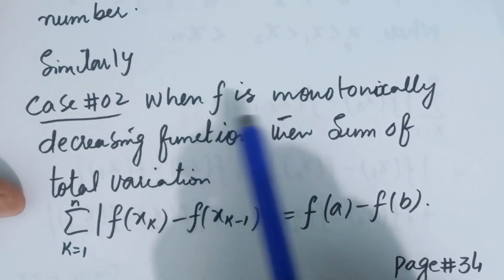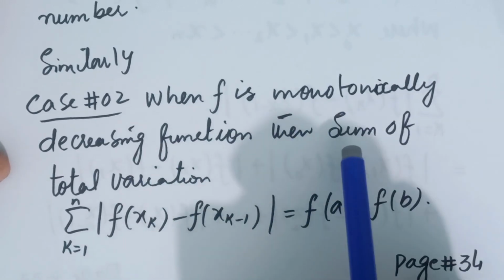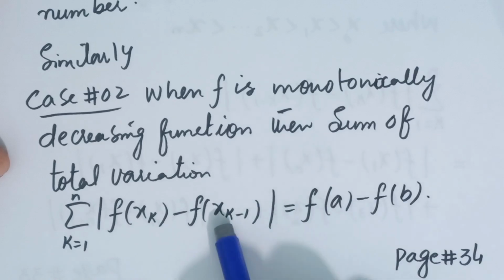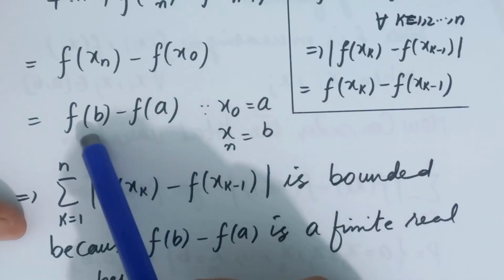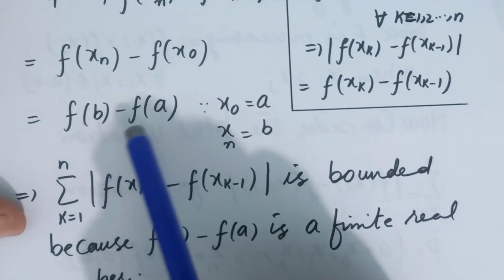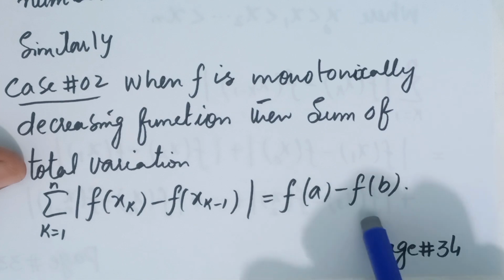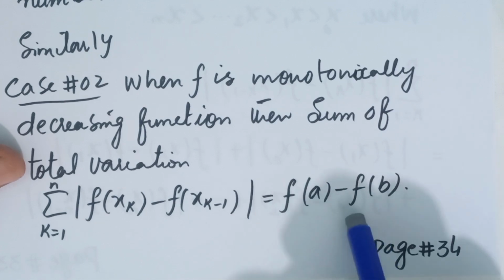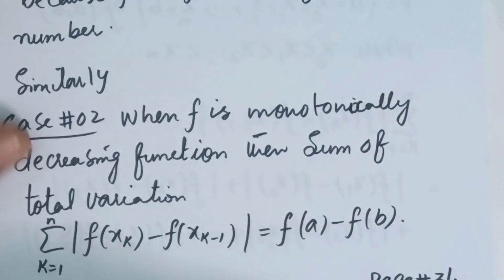Similarly, when we consider f as a monotonically decreasing function, then the sum of total variation will be equal to f of A minus f of B. The only difference is that in the increasing case the sum of total variation is f of B minus f of A, whereas in this case the sum is f of A minus f of B. But f of A minus f of B or f of B minus f of A, both are finite real numbers.